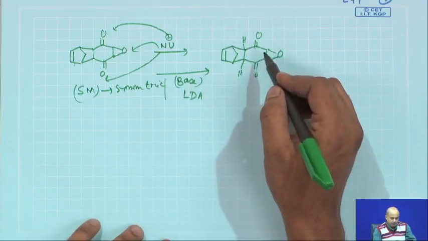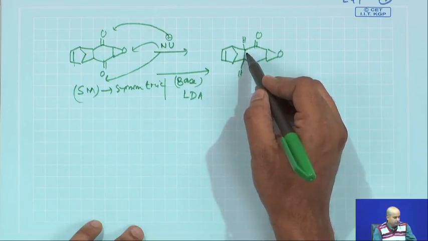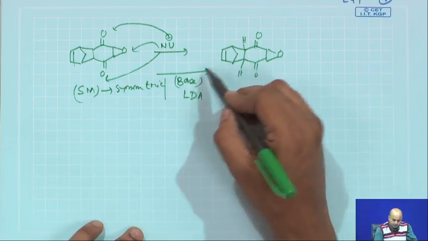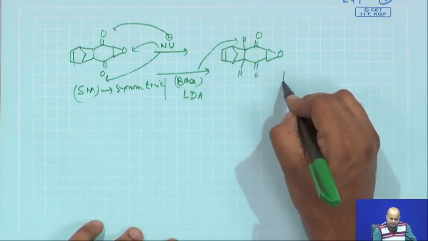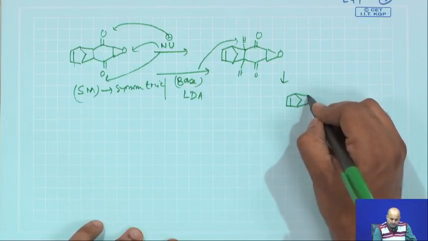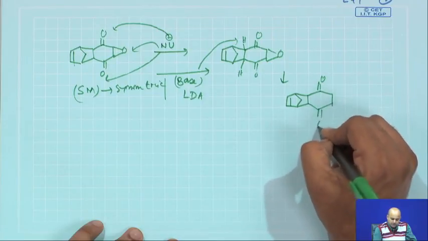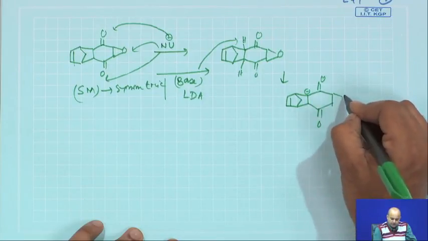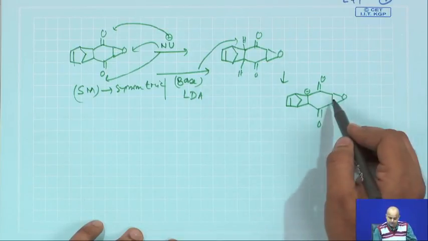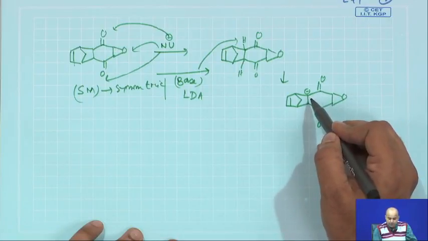Okay. So, in principle, initially if you think that you have a base, this base will abstract this hydrogen and it will give you this carbanion. Now, a Favorskii kind of reaction may take place because you have an electrophilic quencher in the form of an epoxide.